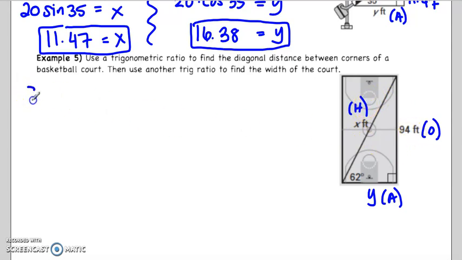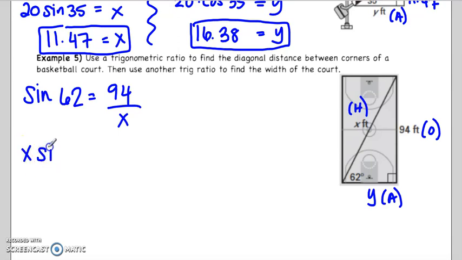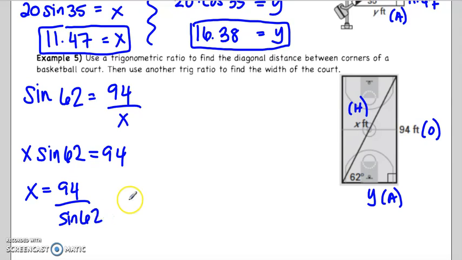So let's use sine. To find the diagonal, we're going to go sine 62 is equal to opposite 94, divided by hypotenuse, which is x, solve for x. So in order to do this, we're going to use our algebra. Times x on both sides, we get x sine 62 equals 94. Divide both sides by sine 62, so now we get 94 divided by sine 62.